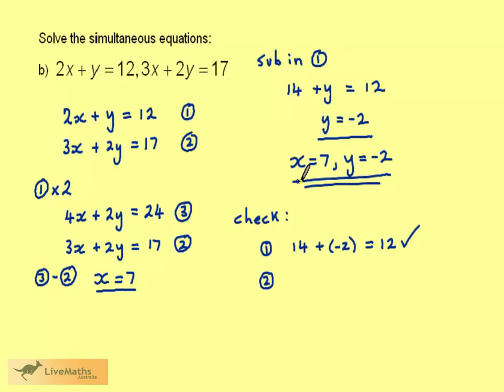Looking at 2, 3 7s are 21, plus 2 times minus 2, which is minus 4, is 21 take 4, which is 17, and this also checks out.